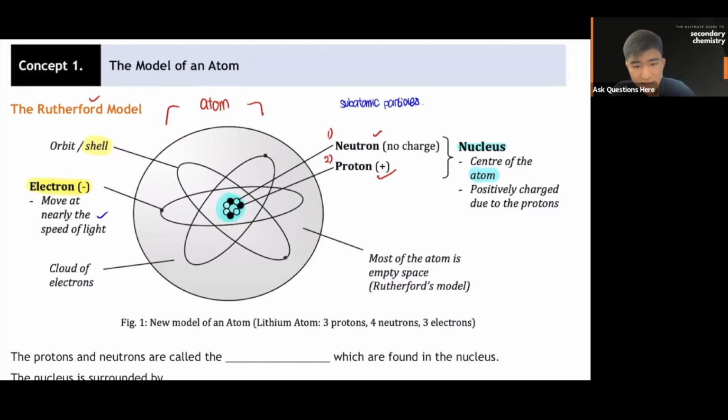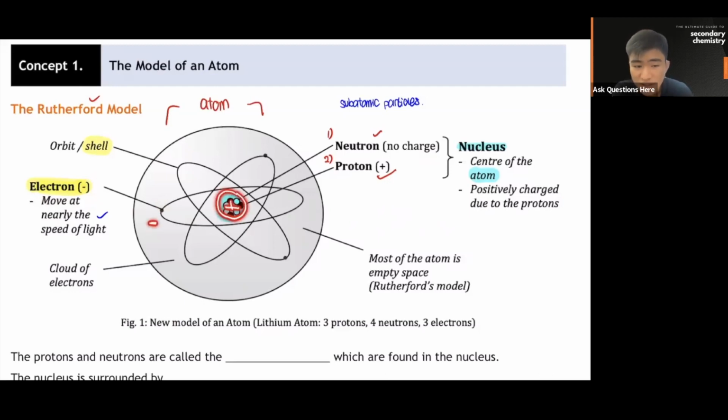So what happened is that the protons are in the nucleus, and they are positive charge. We see that there are electrons as well. And the electron is actually moving outside of the nucleus, in the shell. So the electron is inside the shell and it starts moving around, and it is negative charge. Now, why is it negative? You must understand this is positive.